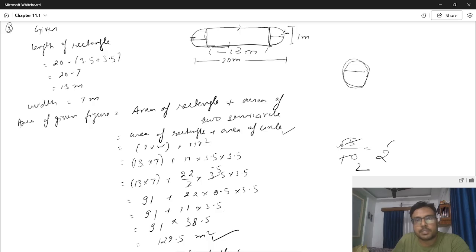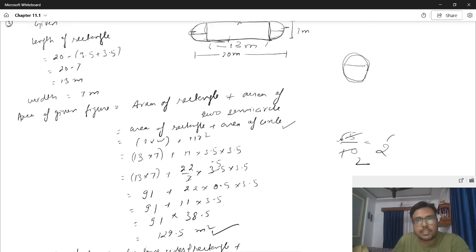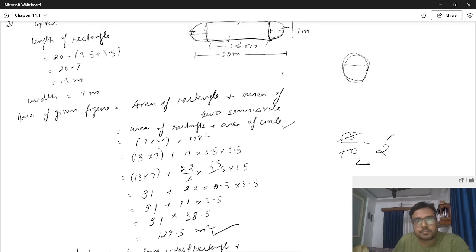You can see this is a semicircle. So it is two long sides of the rectangle, this and this, and the curved parts of two semicircles, this and this.